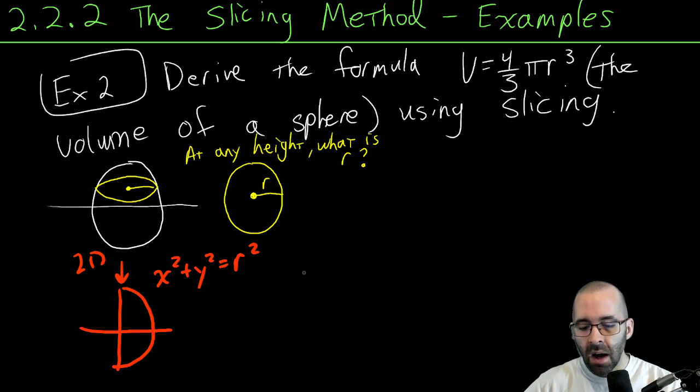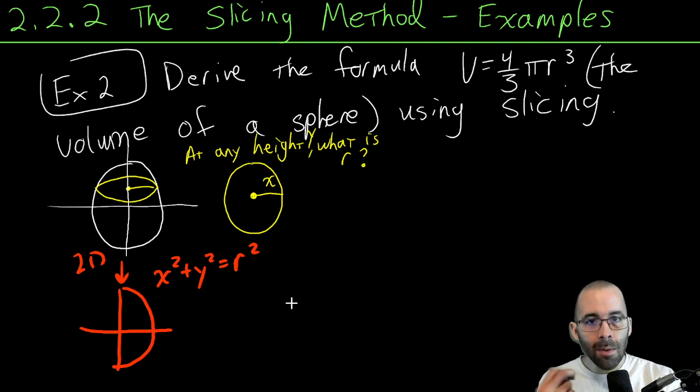So at any point y, let's rephrase this, at any height y, notice we can call this, let's not call this r right here. Oh dear. Come on, please erase. Thank you. Call it x instead. Because if we think of this as the origin and a sphere around the origin, the radius is just that x coordinate.